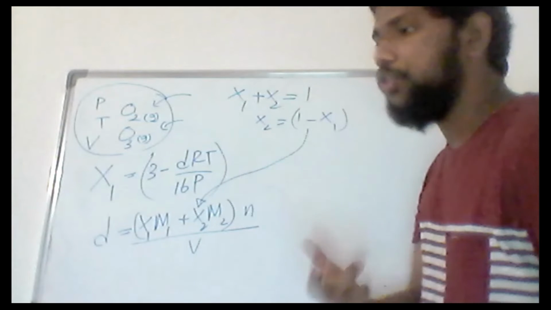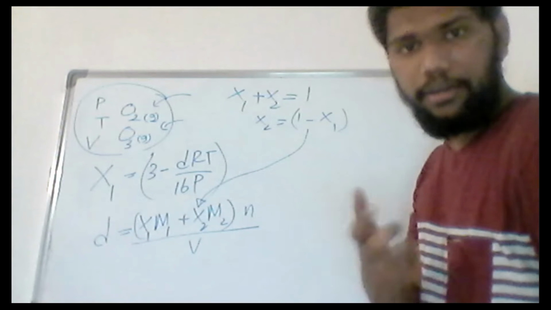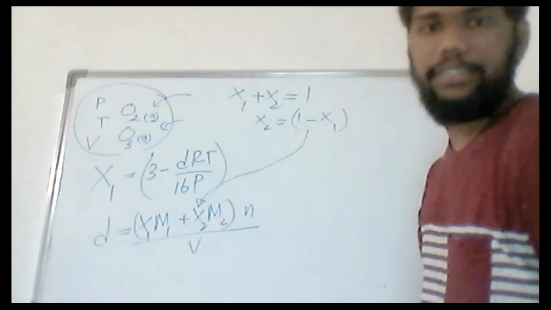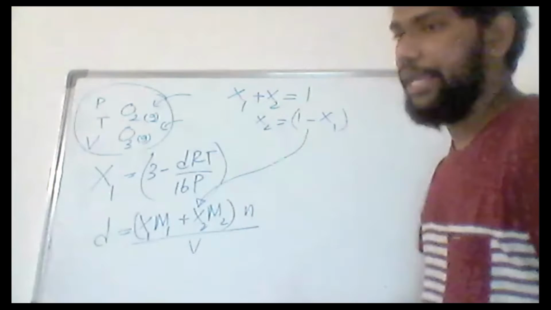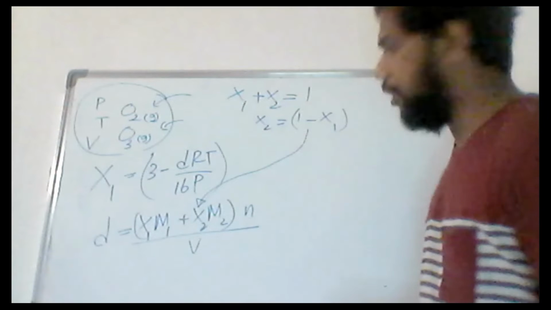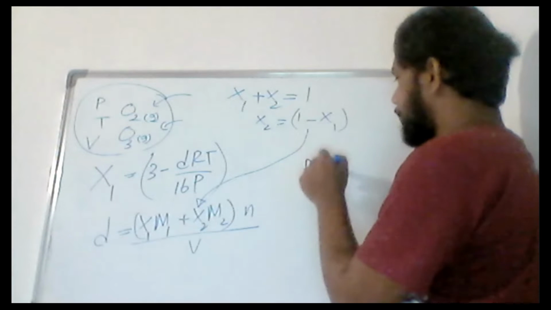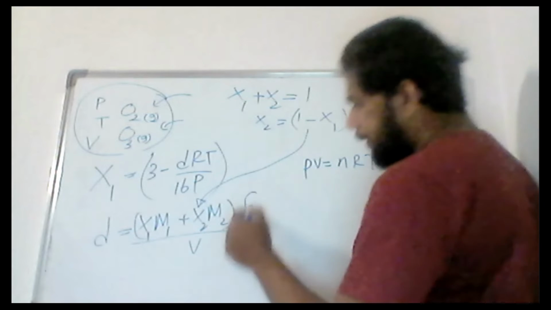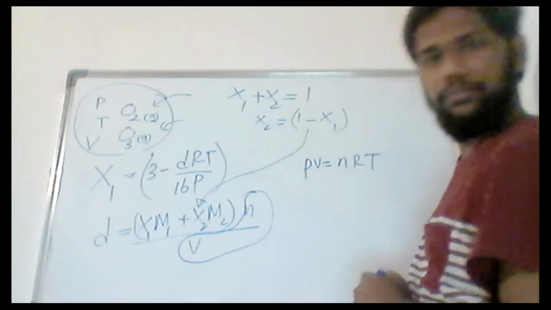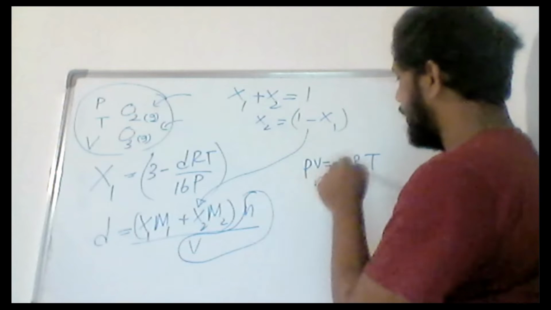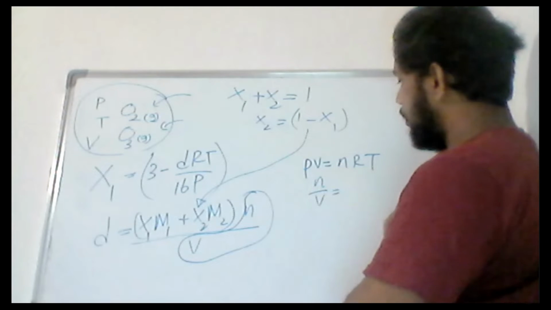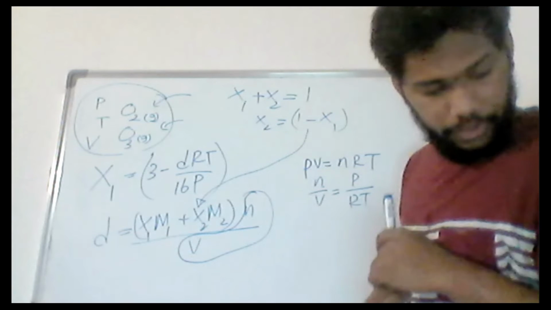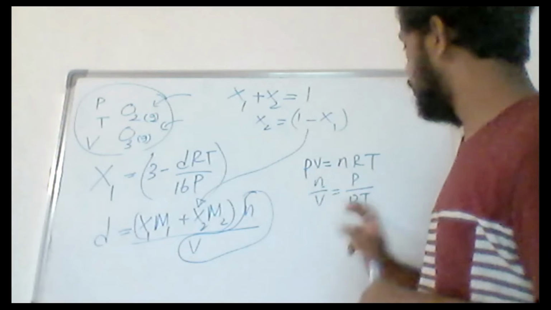Here they have used PV is equal to nRT for this mixture. In fact, there is no reaction in this mixture. So if I use PV is equal to nRT, I can see there is a ratio here, N over V. So N over V is equal to P over RT.